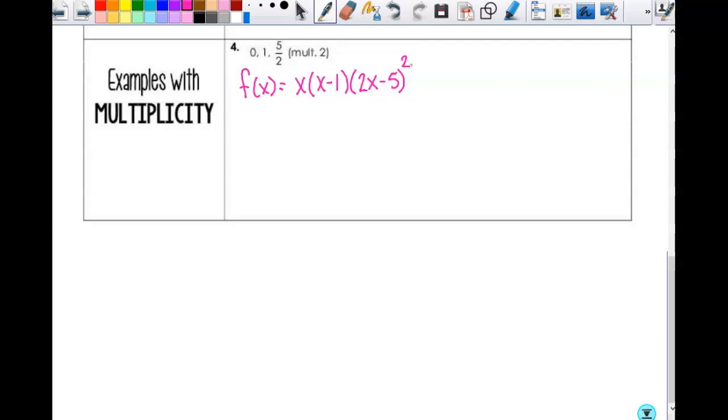All right, so now I'm going to distribute this, and then I will square this. So x times x is x squared minus x. And then I'm going to have to multiply this by this right here. This is a perfect square trinomial, right? So understanding the rule for a perfect square trinomial, which we've talked about a couple of times, is way better than actually foiling that stuff out.